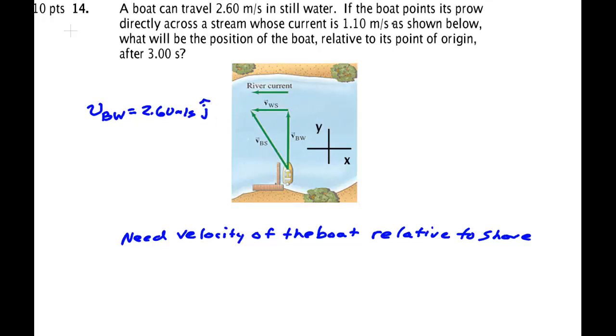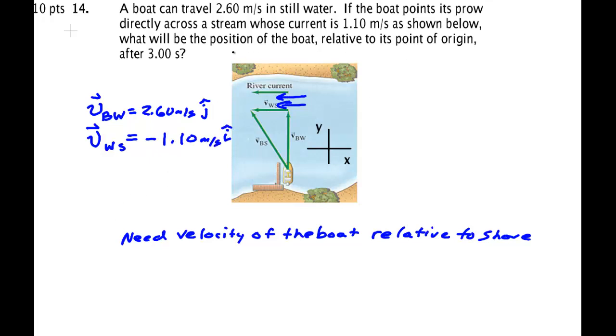If the boat points its prow directly across the stream, whose current is 1.1 meters per second, that is the velocity of the water measured with respect to the shore. And the stream is flowing this way, so that's the way the water's going. So that's equal to minus 1.10 meters per second I-hat.